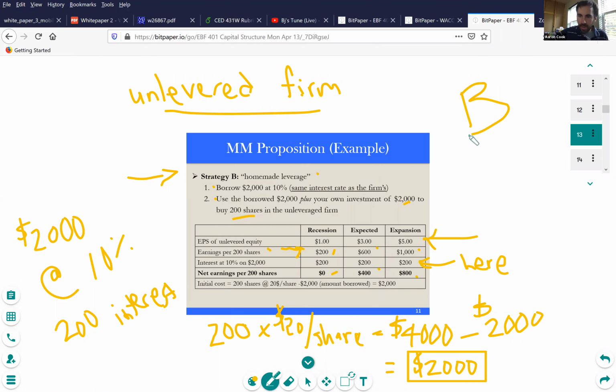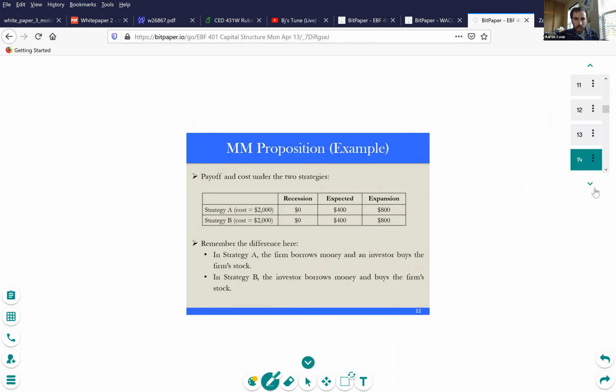All right, so we can summarize what those payoffs are on this next slide. We have strategy A, the payoffs to strategy A being 0 in a recession, 400 in average conditions, and then 800 in an expansion.